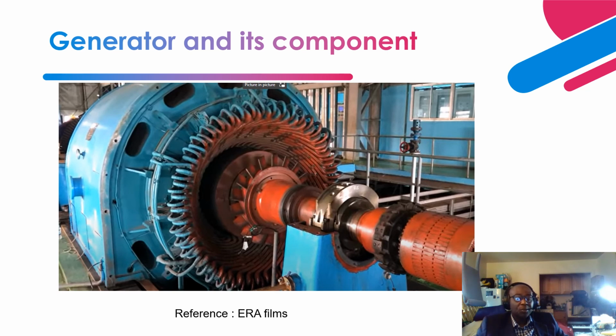The rotor basically carries the magnetic field, and the magnetic field is what induces voltage into the stator. On this rotor, this is the extension part. So this is a small-sized generator in itself that helps to generate the DC voltage that is fed to this rotor.